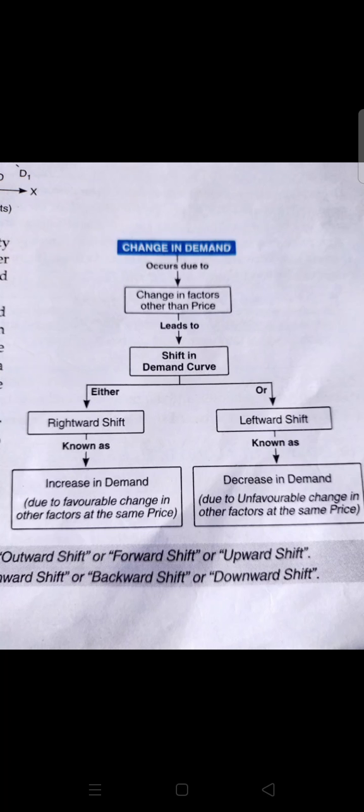These are the basic things which we are going to discuss in the topic. Now let us start with change in price. If the price increases or decreases, what happens to the quantity?